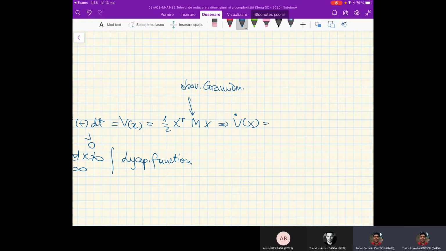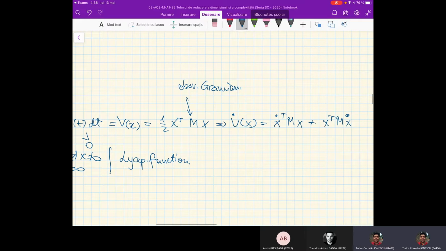And this is what? This is x dot transpose Mx plus x transposed M x dot, you agree? This is the way you apply the differentiation, because x depends on t and M is constant. This is how you perform differentiation.